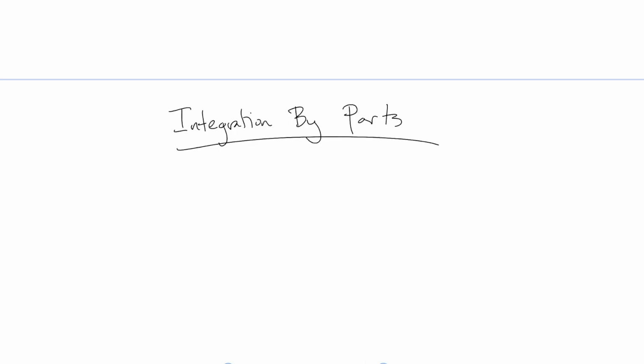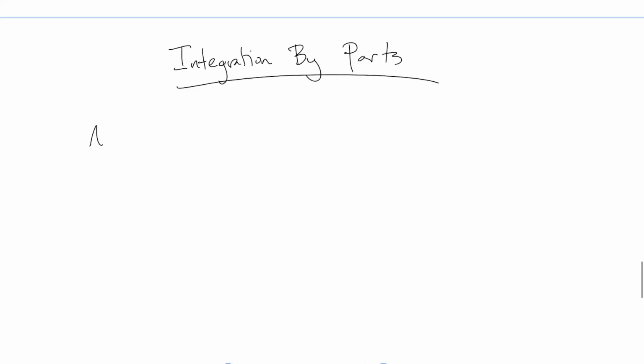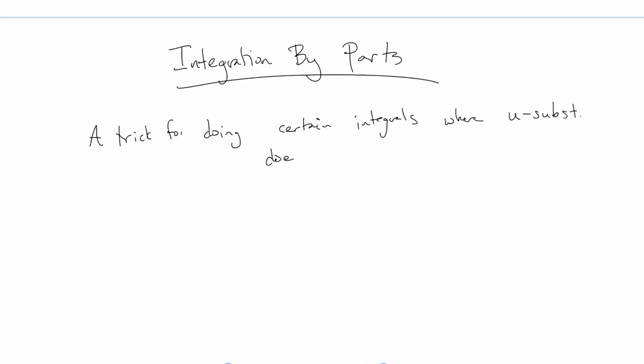But over the next few times we are going to talk about a few more integration techniques. And the first of these is called integration by parts. So this is a trick for doing certain integrals where the u substitution doesn't work.